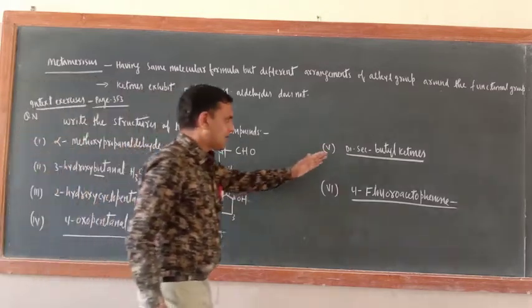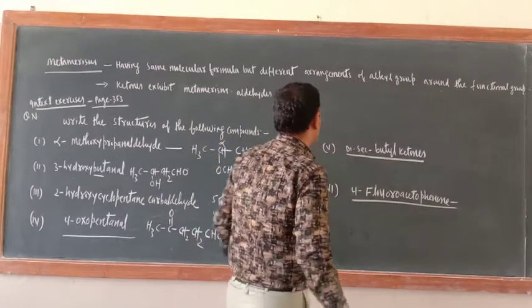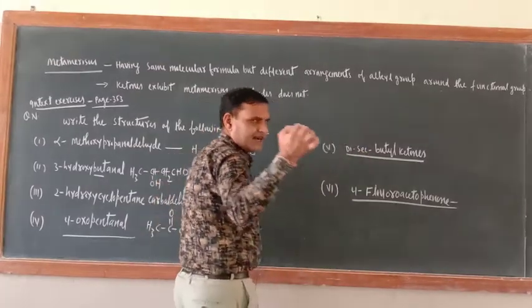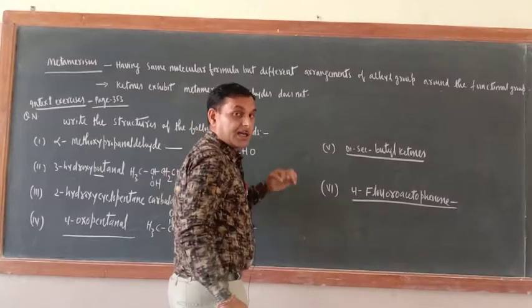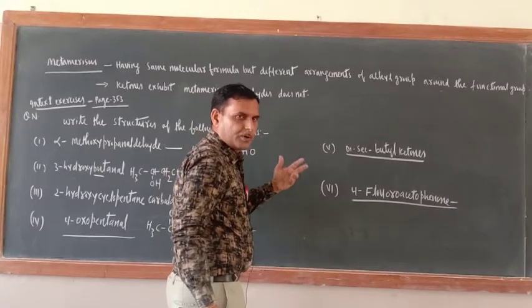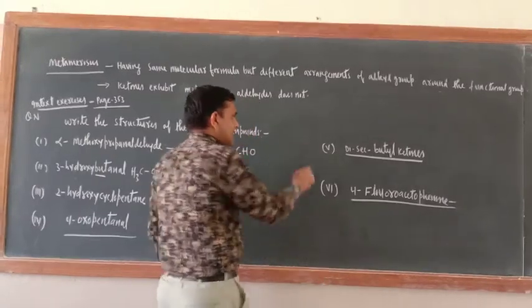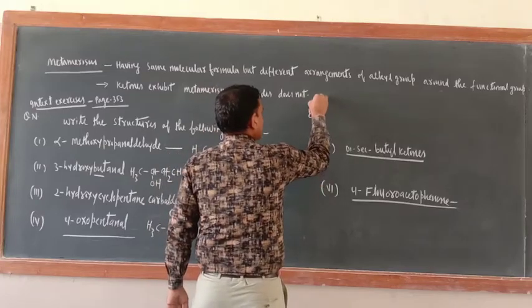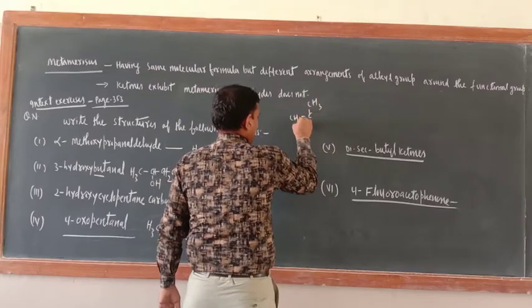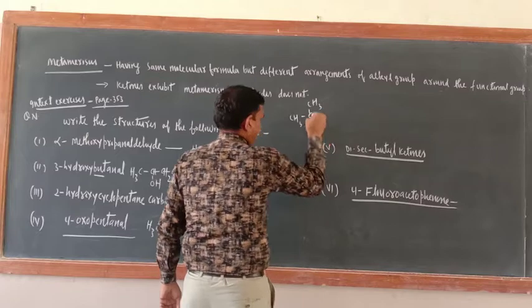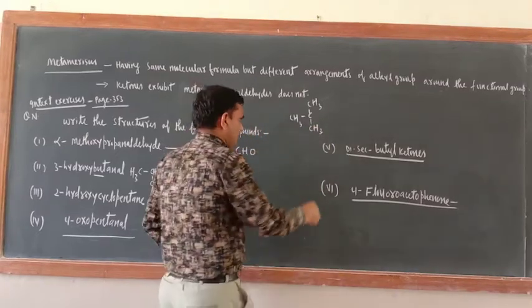Now what about this one? Disecondary butyl. So just see. Let us have clarity on tertiary butyl group and secondary butyl group. Just see. This is CH3, CH3, CH3. Okay. This is T-butyl group. What is the name of this one?